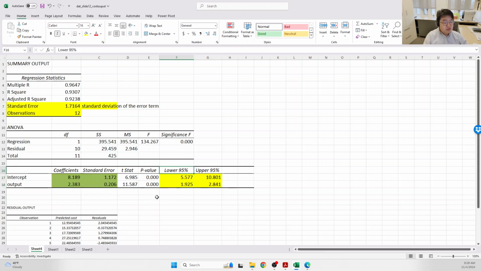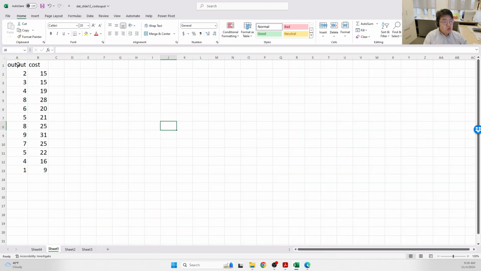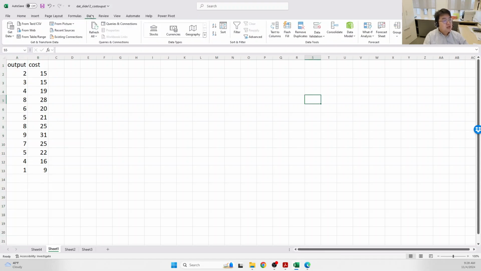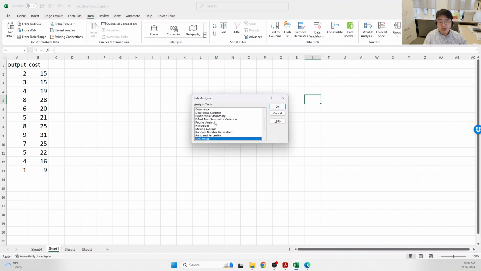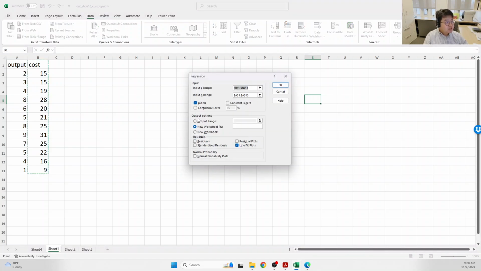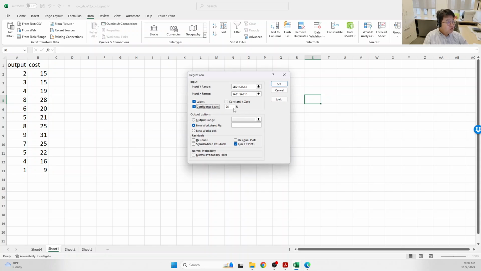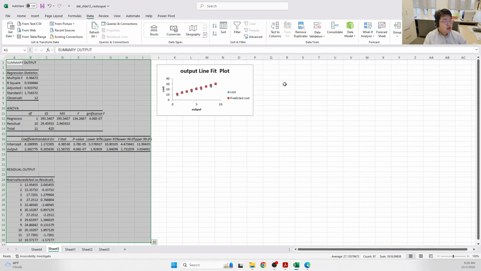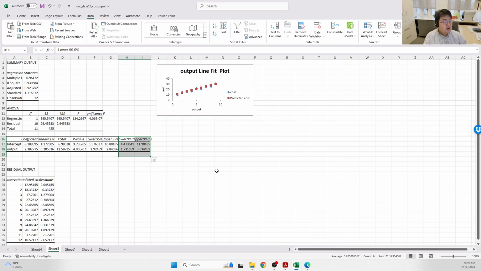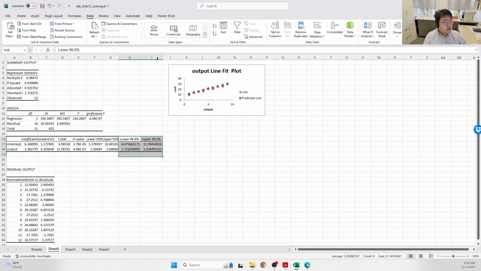In case you want to use a different confidence level, you can go to Data and Data Analysis back here. If you choose regression, you may change the confidence level to something else, like say, let's try 99%. If you try 99%, then the 99% confidence interval is calculated here.